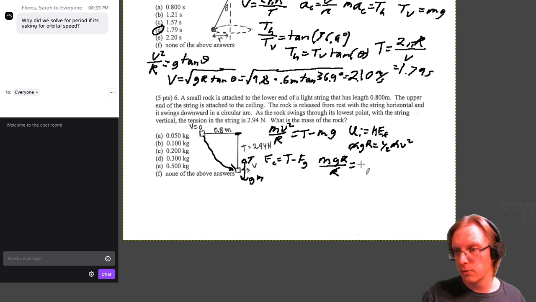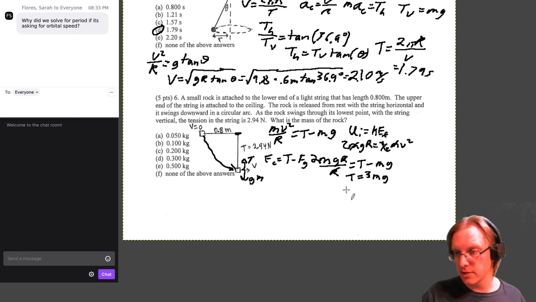Hold on. Nope. There's 1/2 here, so that goes to the other side. 2. There we go. That's better. Is equal to tension minus mg. All right. So that means that tension is equal to 3 mg.